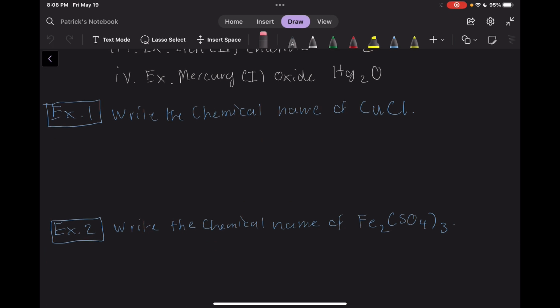For example problems. Example 1 would like us to write the chemical name of CuCl. Cu is the element symbol of copper, and Cl is the element symbol for chlorine.